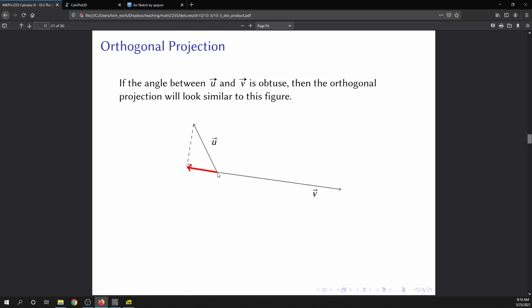And you can see that the orthogonal projection is pointing in the opposite direction as v in this case. So the red vector would be the orthogonal projection. It's kind of the same. The main difference is that the orthogonal projection is going to be pointing in the opposite direction of the vector v that you're projecting onto.